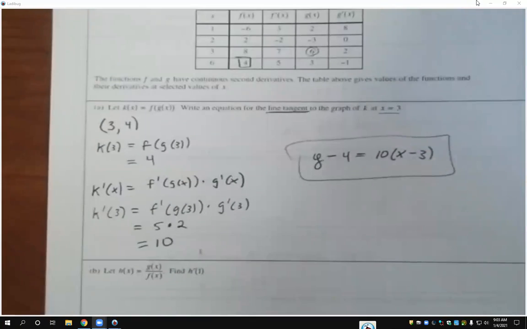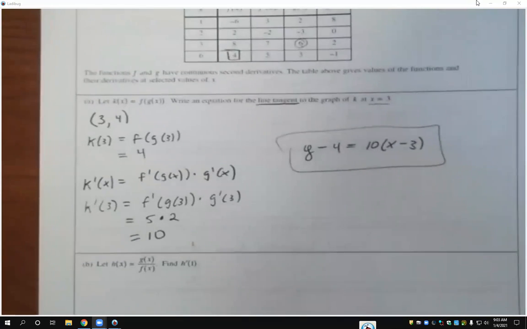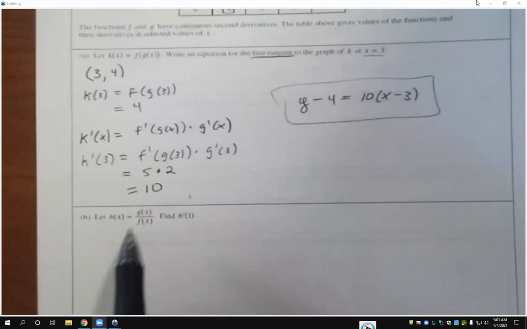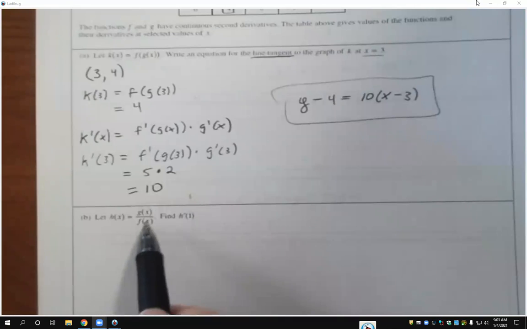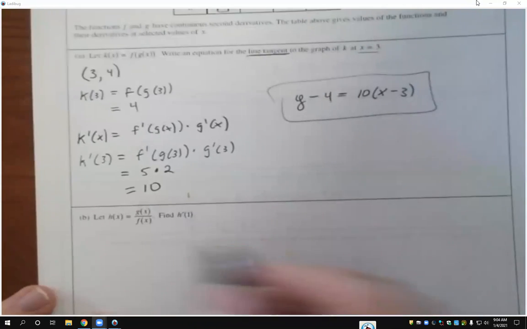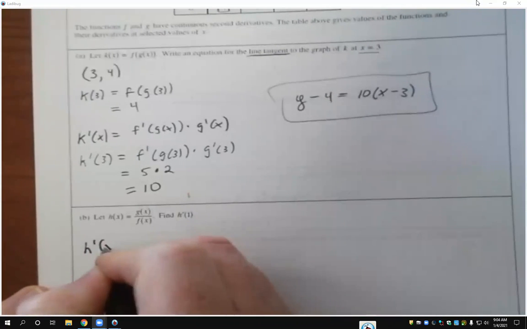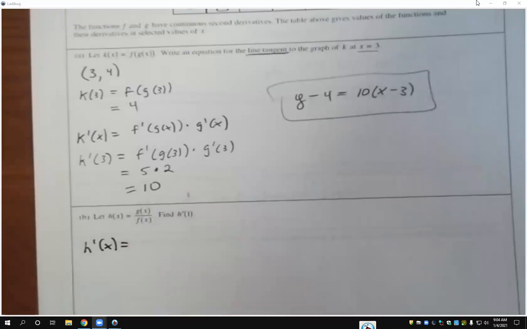All right, and then the last one is, now they're telling us h of x is equal to g of x divided by f of x. Find h prime of 1. First thing we need to find is h prime of x. And we have a quotient rule, okay? So that stuff doesn't go away.